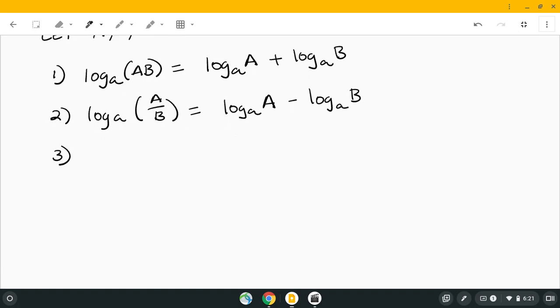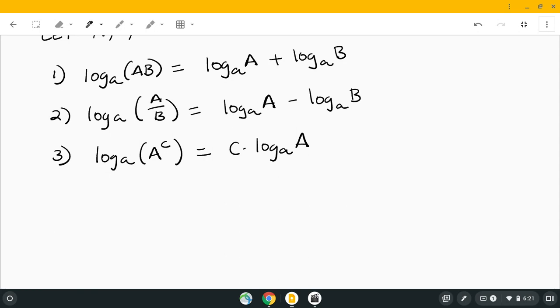And our third one, log base A of A to some power C. If you're taking the log of something that's raised to a power, that's going to be equivalent to taking that power down to the front and multiplying with the log.